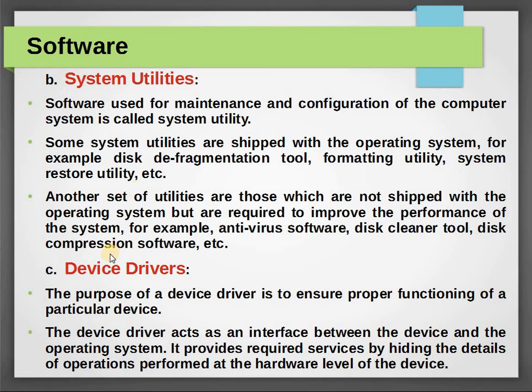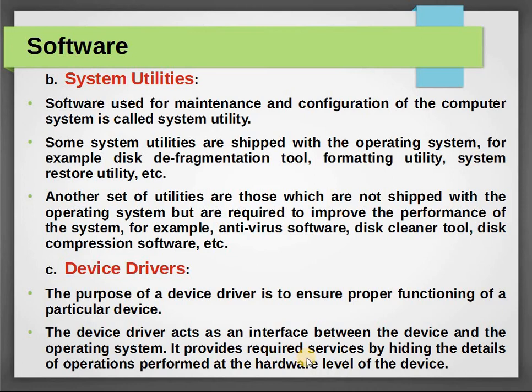And the third type of system software is device drivers. The purpose of a device driver is to ensure proper functioning of a particular device. The device driver acts as an interface between the device and the operating system.